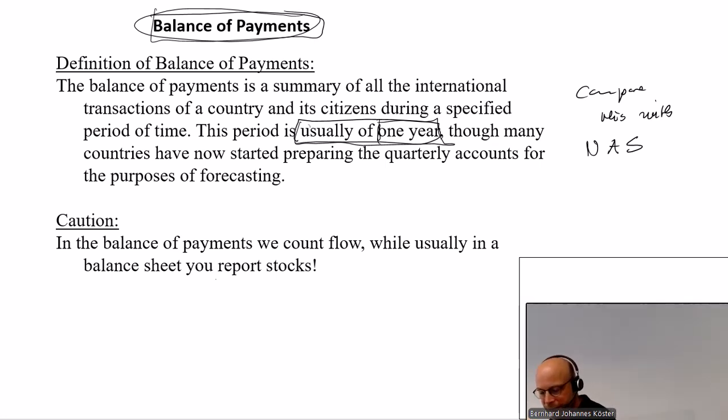So you are reporting about stocks. So if we were accurate, then we would have to say that although we name it the balance of payments, it is no balance of payments. Because here we are looking at flow numbers, and in general, a balance is a stock report. So please keep this in mind.